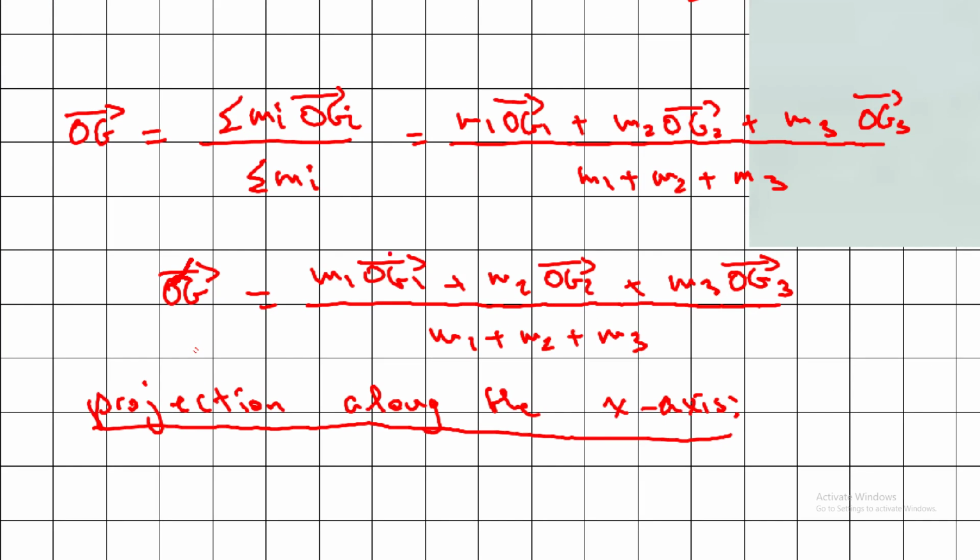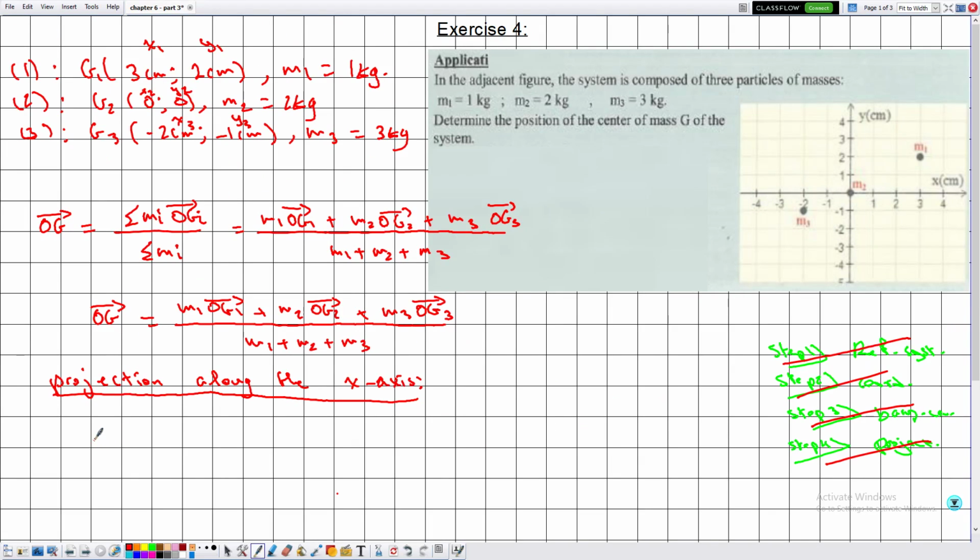Simply we drop down the vectors, and each quantity will carry the label x. Therefore, OGx is equal to M1 OG1x plus M2 OG2x plus M3 OG3x divided by M1 plus M2 plus M3.